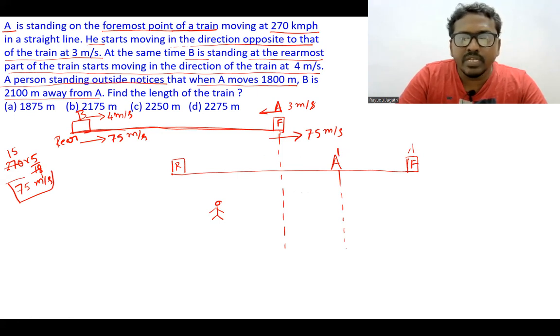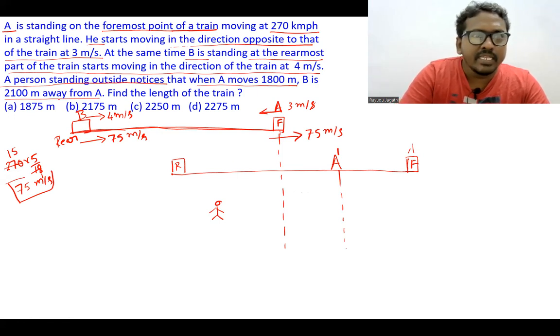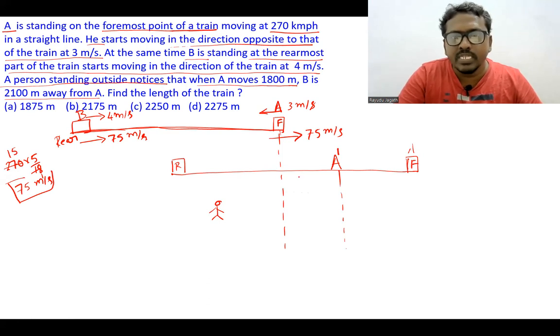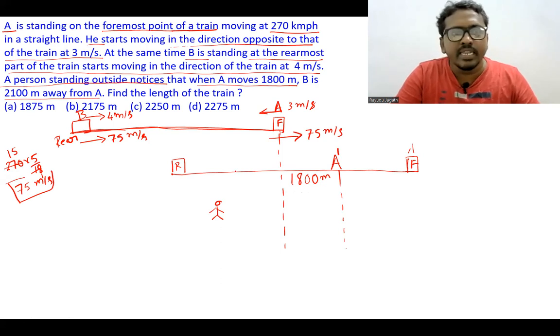Now he observed that A has changed to the A dash point. When A moves by 1800 meters, this distance is observed to be 1800 meters. B is 2100 meters away from A. That we can calculate afterwards.